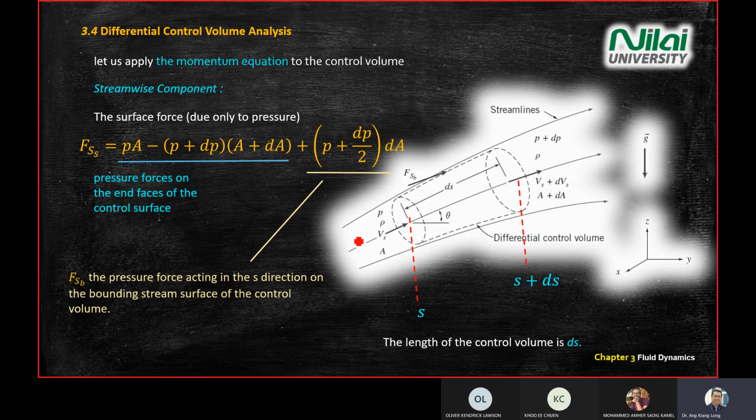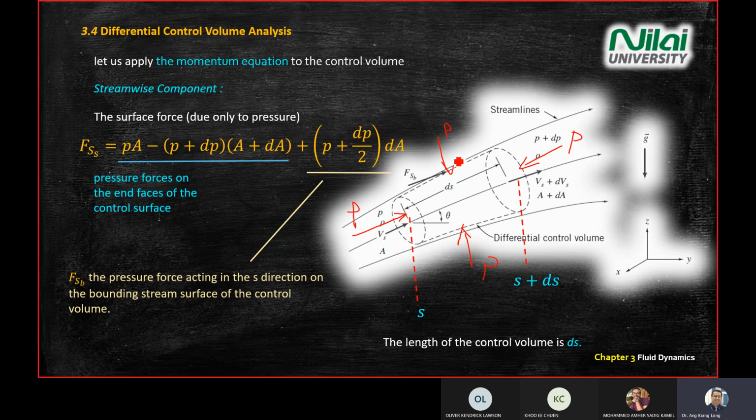Because the pressure is always acting on the surface. At the first face, pressure goes this way, so you get positive. While at the second area, at the location S plus dS, the pressure is acting opposite, or against, the S direction. So you get a negative sign there.